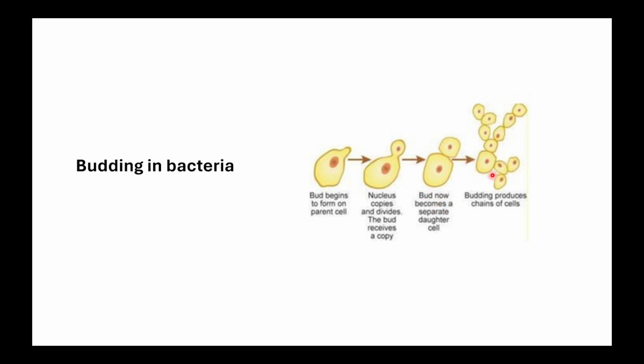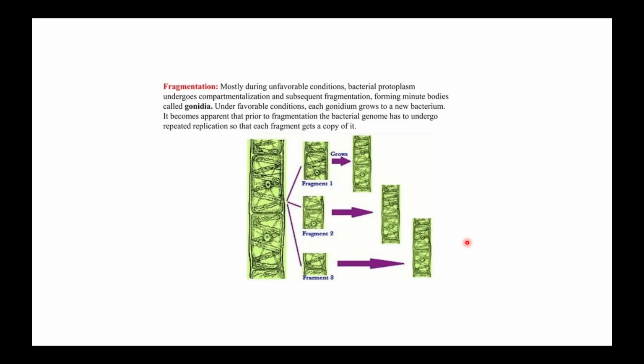Sometimes chains of cells can be formed on this parent cell. And also many times the newly formed bud pinches off to form an independent entity on its own.